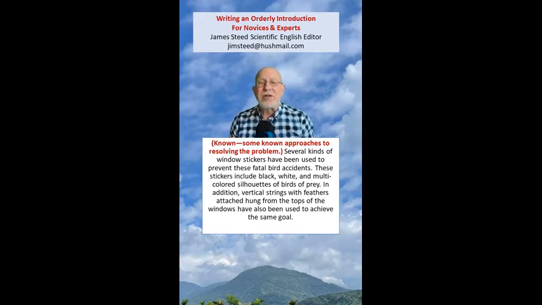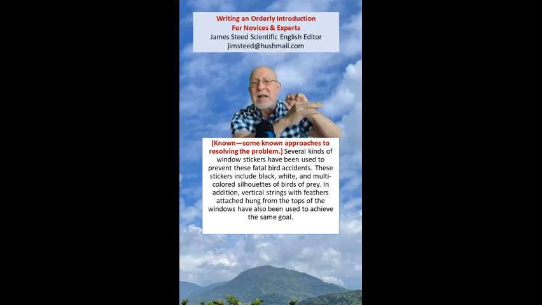Some known approaches to resolving this problem here. Several kinds of window stickers, 这是铁的东西, have been used to prevent these fatal, just deadly bird accidents. These stickers, 铁的东西, are black, white, and multicolored silhouettes.